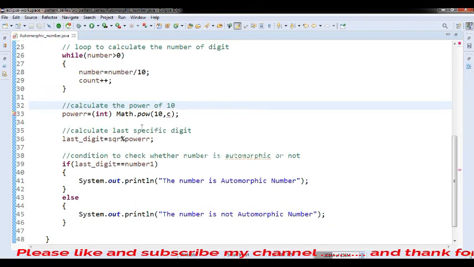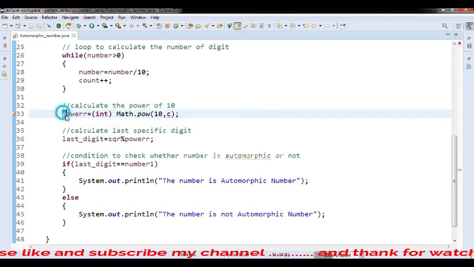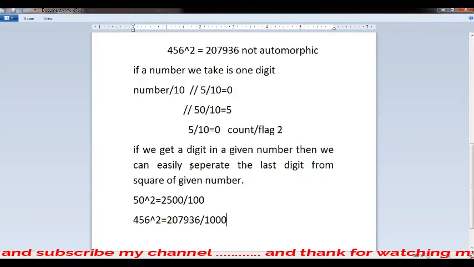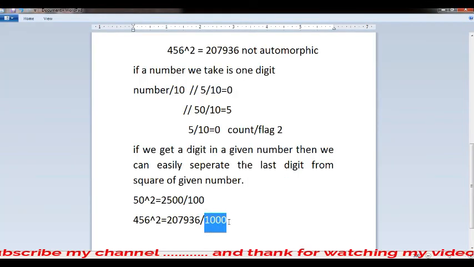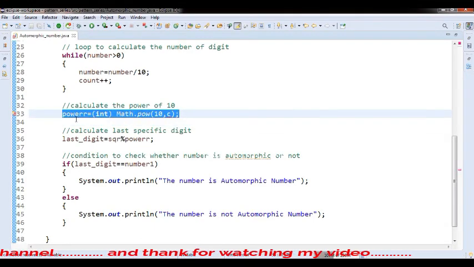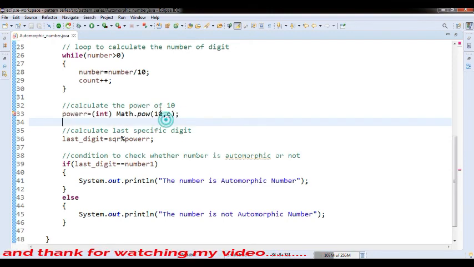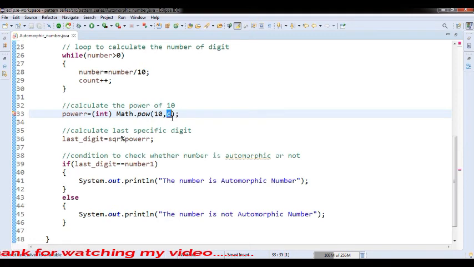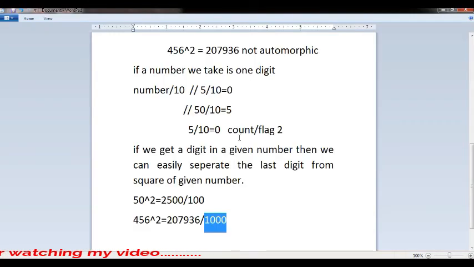Then we go to the coding example. Here is power. To calculate this 100, 1000, we take this statement: power equals (int) Math.pow(10, c). Here count value equal to 2 means we take 100. 100 is nothing but 10 power 2.